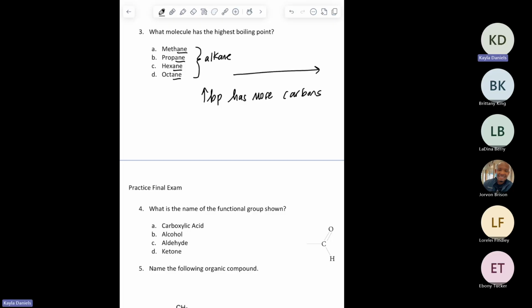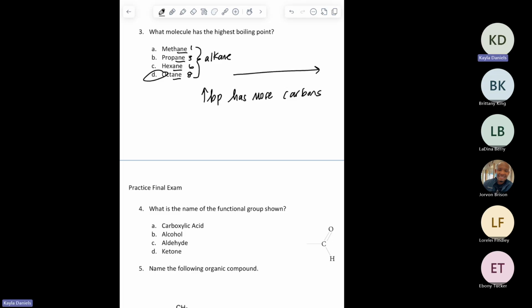So methane would be 1 carbon, propane would be 3, hexane would be 6, and octane would be 8. So the highest boiling point would be octane, D. So that only works if they're all alkanes.